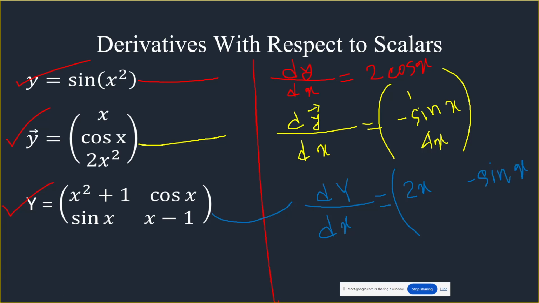The second row first column element will be cos x, and the final element will be 1, and as the constant it will be 0.